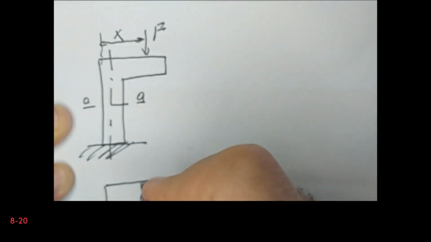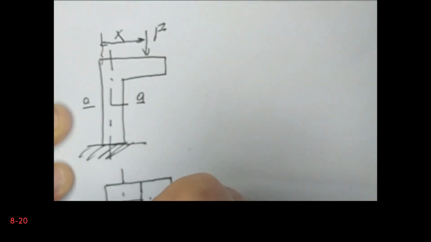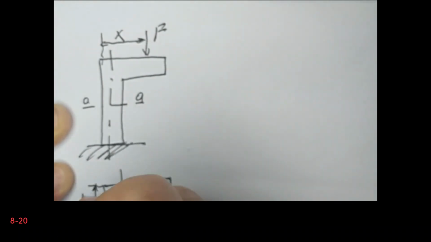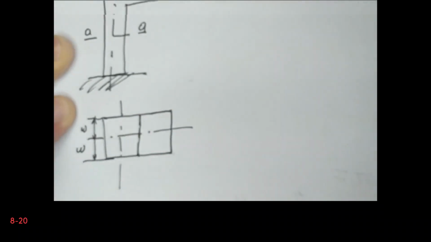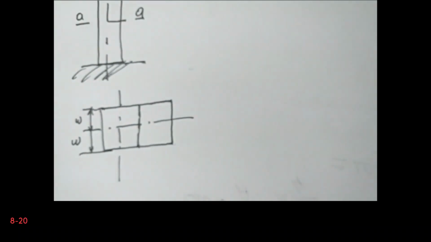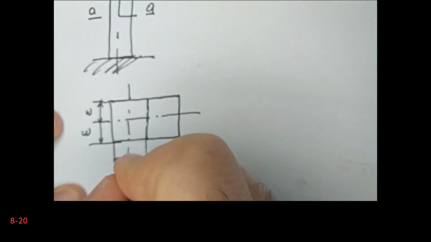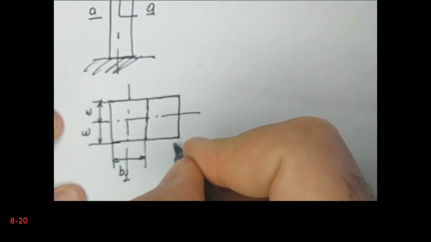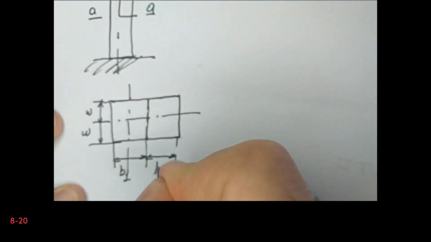It's not proportional. So this distance is, let's say, W. This distance is also W. And this is, let's say, B1. And this is B2. And then we have the force here.